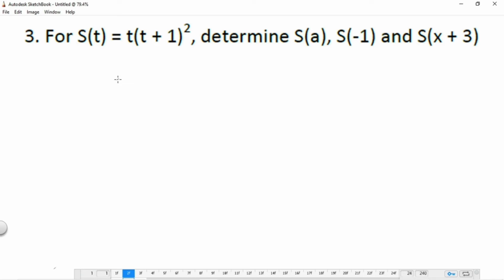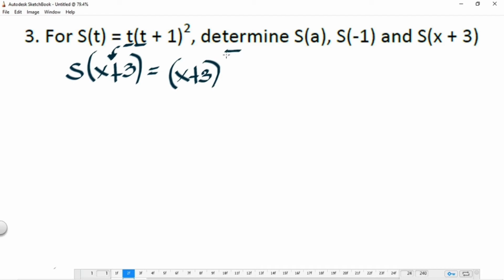For the final part, we are going to determine s of x plus 3. So all of these variables t will be turning x plus 3. Okay, let's start solving this problem. X plus 3 multiplied by x plus 3 plus 1, and don't forget this exponent 2.